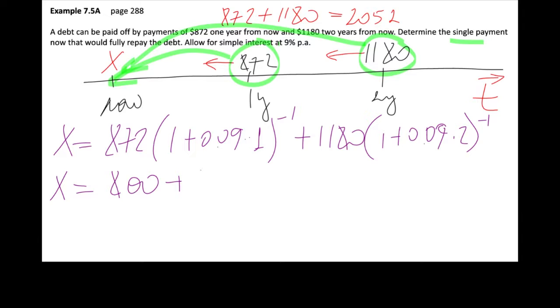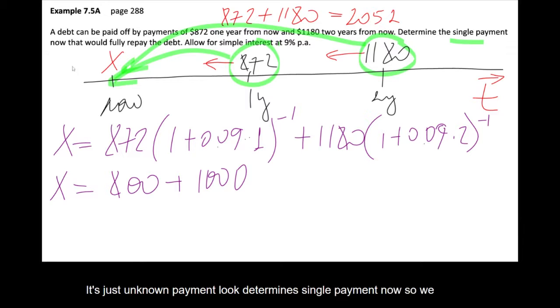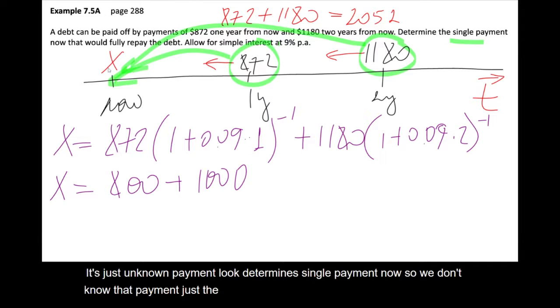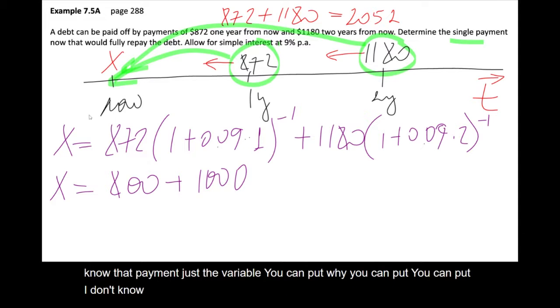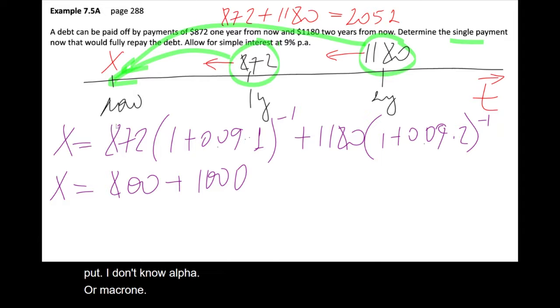And why did you make it X? Well, it's just the unknown payment. We need to determine the single payment now. We don't know that payment, it's just a variable. You can put Y, you can put T, you can put alpha, omicron. T we use for time.